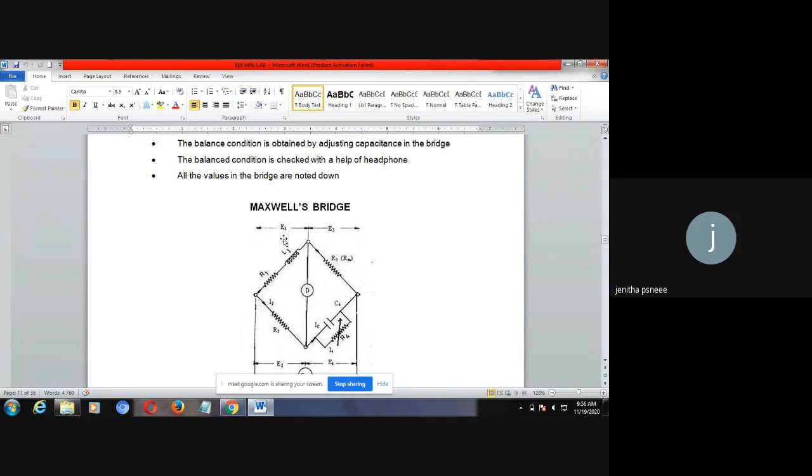Initially some waveform will be shown in the CRO, but if you balance the condition, it will show you 0. So that is the thing in AC supply: the detector will be one CRO or headphones, and you will be finding the balancing condition.